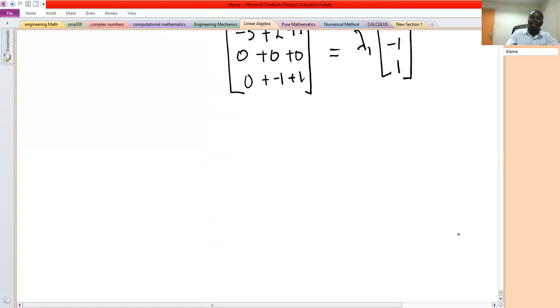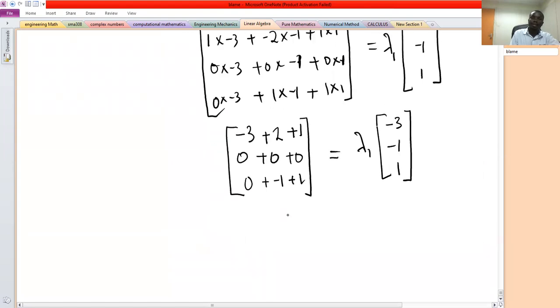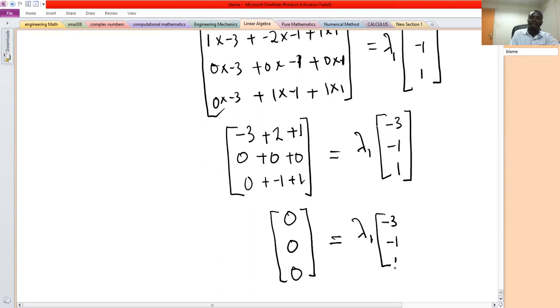Now, minus 3 plus 2 plus 1 is 0. 0 plus 0 plus 0 is 0. 0 plus minus 1 plus 1 is 0. So please don't get confused and say that now these are 0 eigenvector. We say that we do not have an eigenvector which is 0. This is the answer for the product of the eigenvector and the matrix.